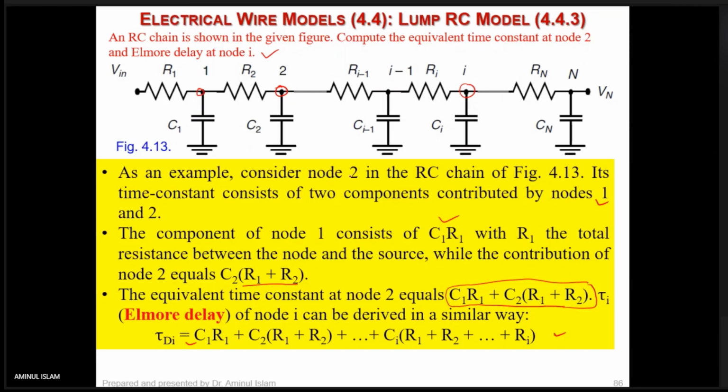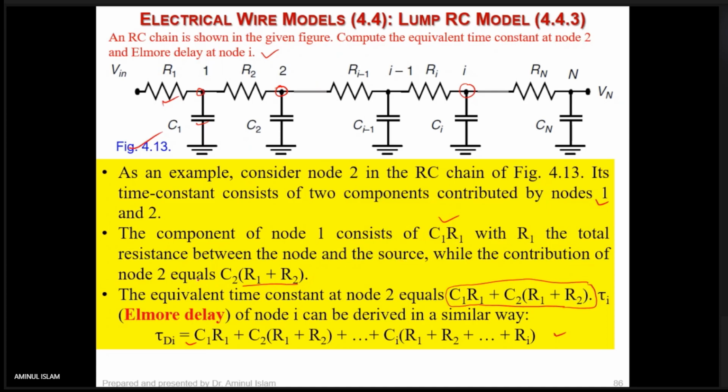So as an example, consider node 2 in the RC chain of this figure. Its time constant consists of two components contributed by nodes 1 and 2. The component of node 1 consists of R1C1, with R1 the total resistance between the node and the source.